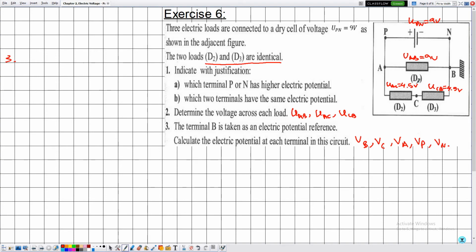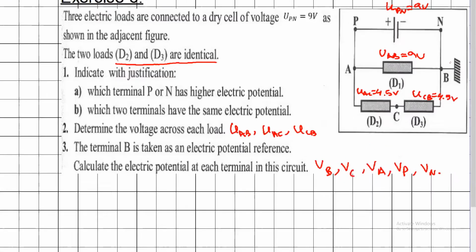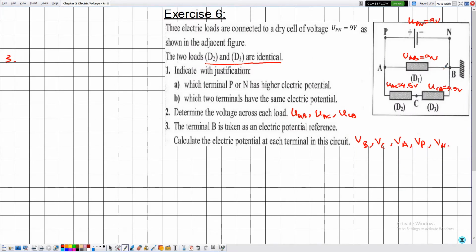First we always start by the electric potential reference, which is taken at the point B. We know that whenever a point is taken as an electric potential reference, then VB is equal to 0. So let's say since B is taken as an electric potential reference, then VB is equal to 0.